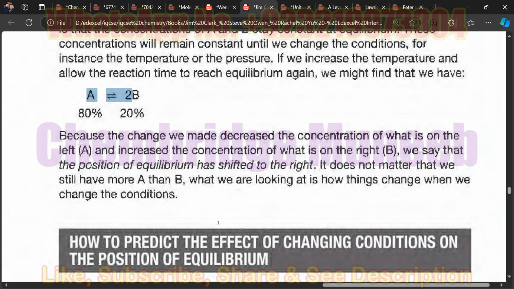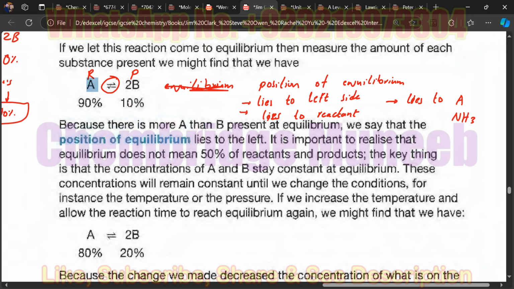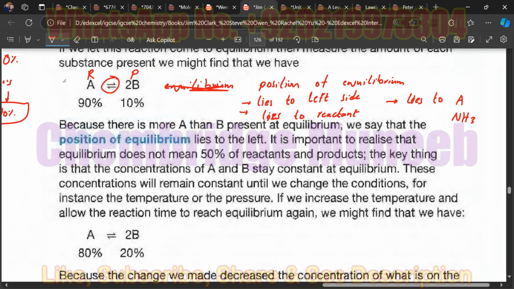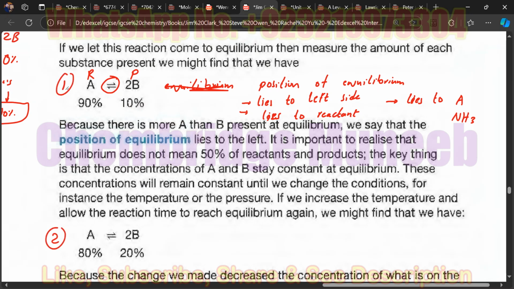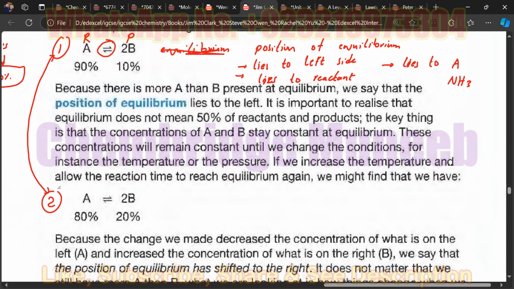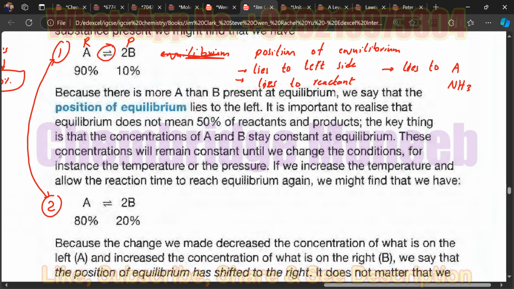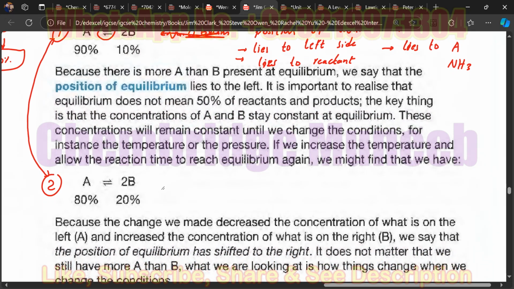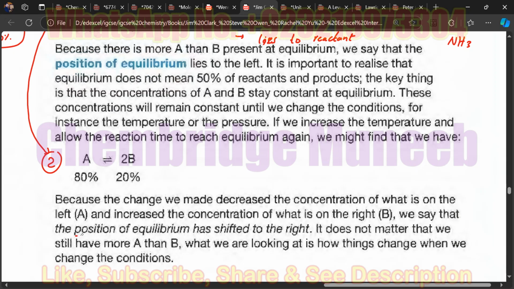It doesn't matter that we will still have more A. If we compare these two cases together, then we will have to explain the position of equilibrium in the second case. When we compare the second case with the first case, we will say that the position of the equilibrium has shifted to the right.